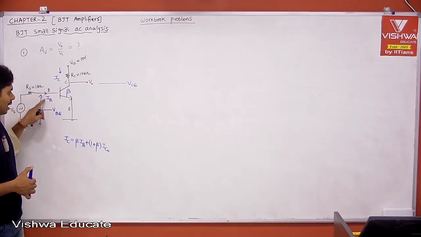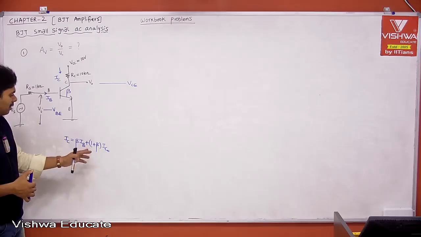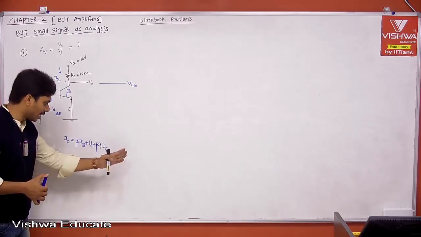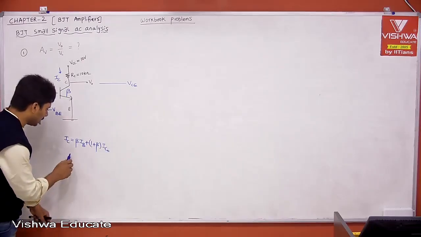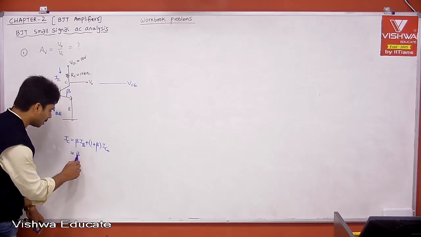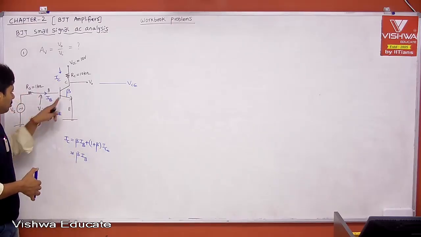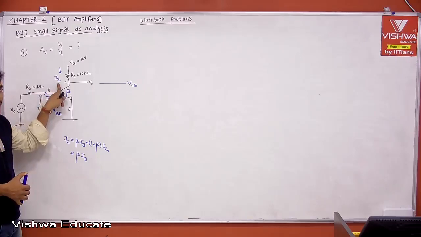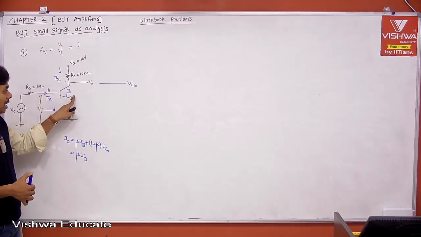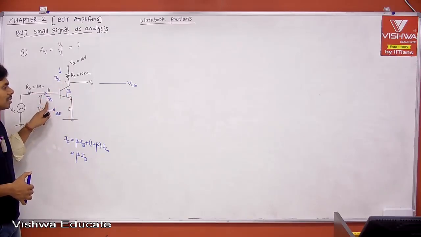If you know IB and beta, and for the time being neglect the reverse saturation current, then IC is approximately equal to beta times IB. This is your main component. You can neglect the other part. Then we know beta and IB, and we can calculate IC because it is a current controlled current source. Your output current is controlled by the input current.